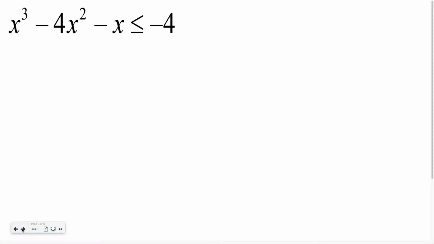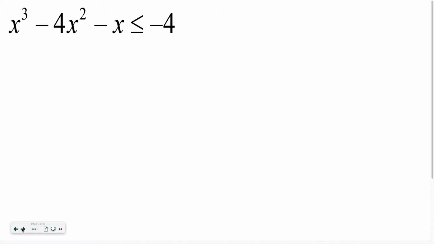Please write this down. Okay. My first comment to you is that we need to compare to 0 so that we can find our zeros and use our x-intercepts to figure out our inequality, okay?